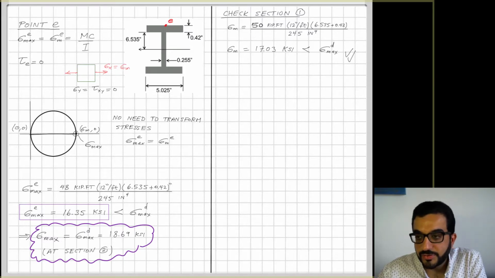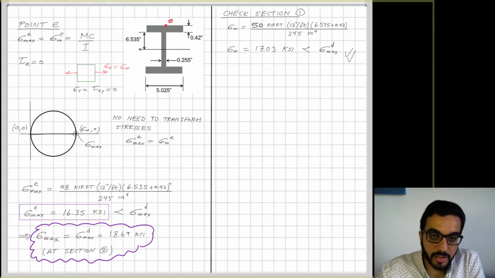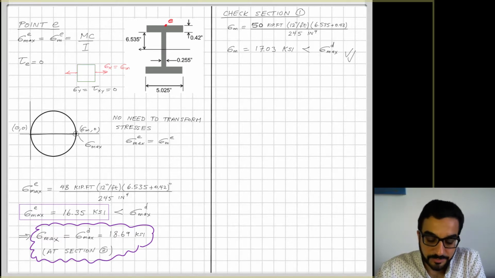Yes, but still it's less than sigma max D. So here, that's a clear example of transformation of stresses that brings us principal stresses that are not given directly from the cut we make and the loads we have, which will be critical and will govern our design.